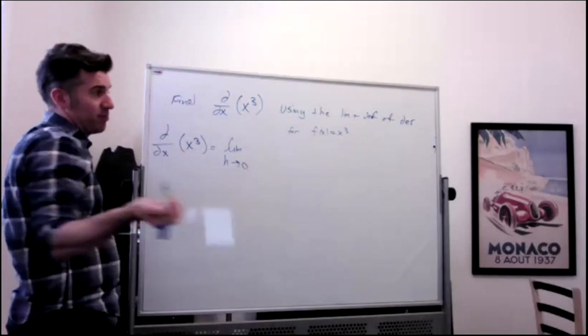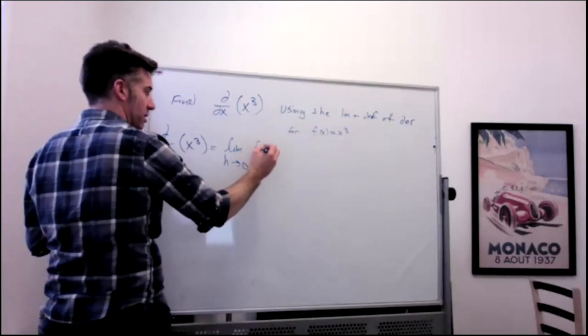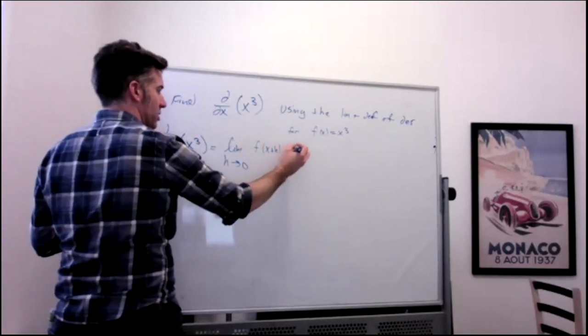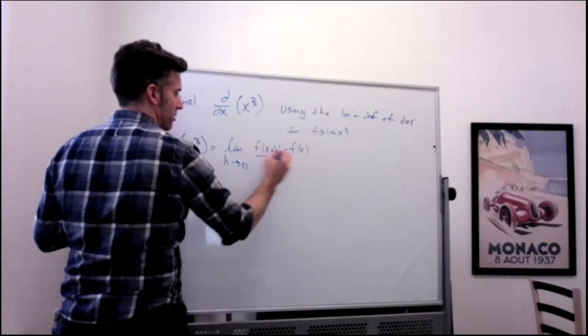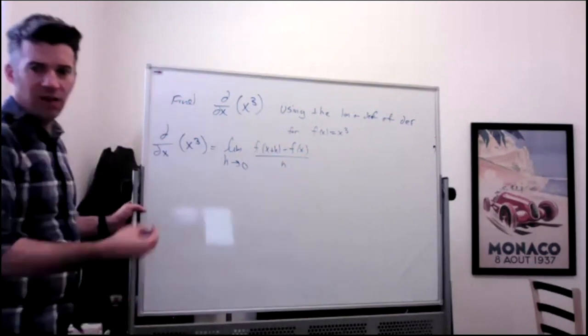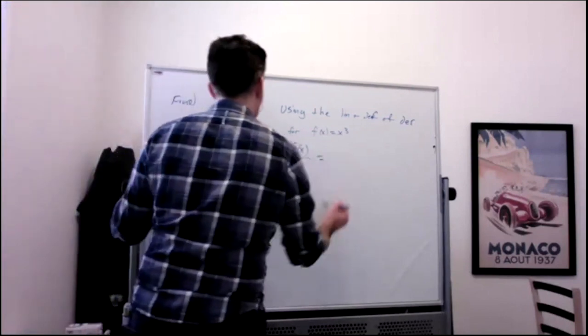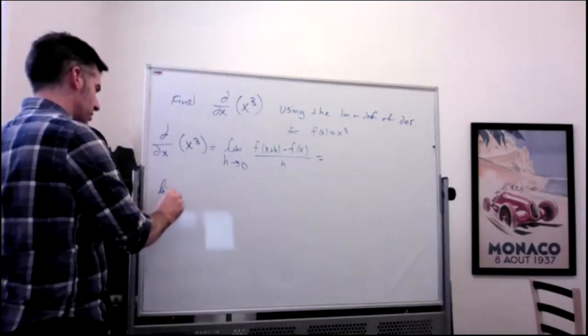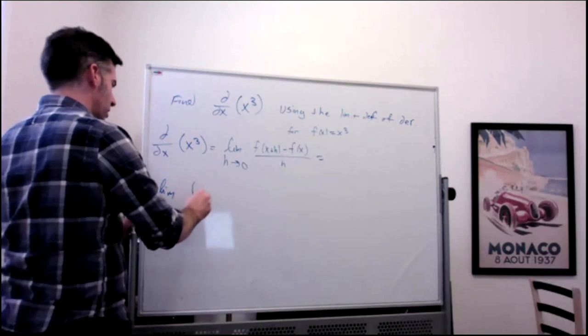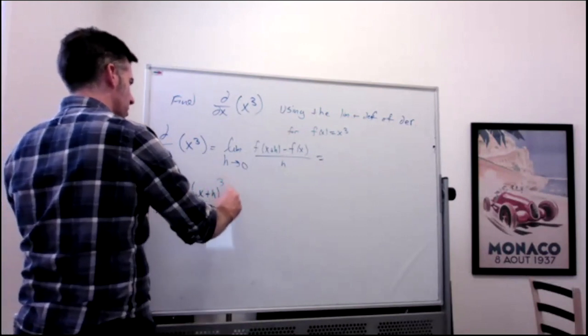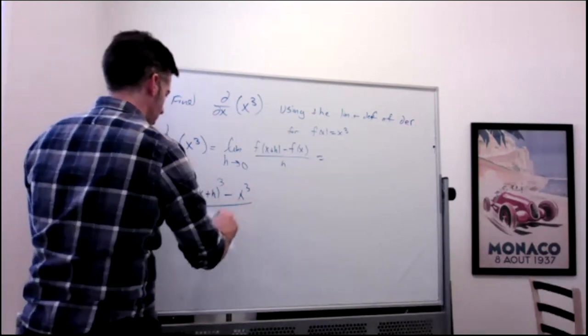So I personally can write this as f of x plus h minus f of x all over h. A lot of people like to skip this step. That's fine. It's the limit as h goes to 0 of x plus h cubed minus x cubed all over h.